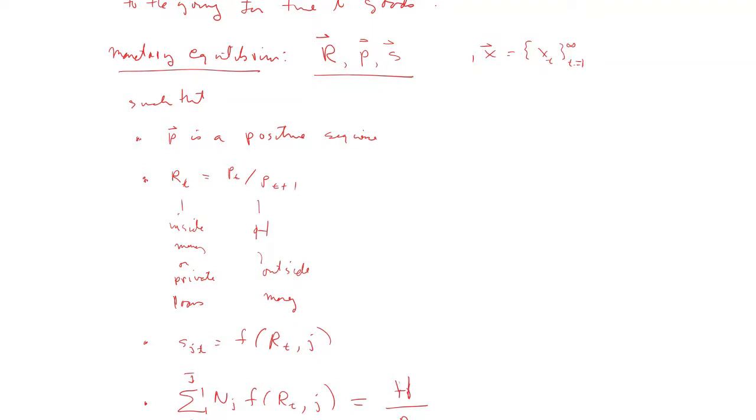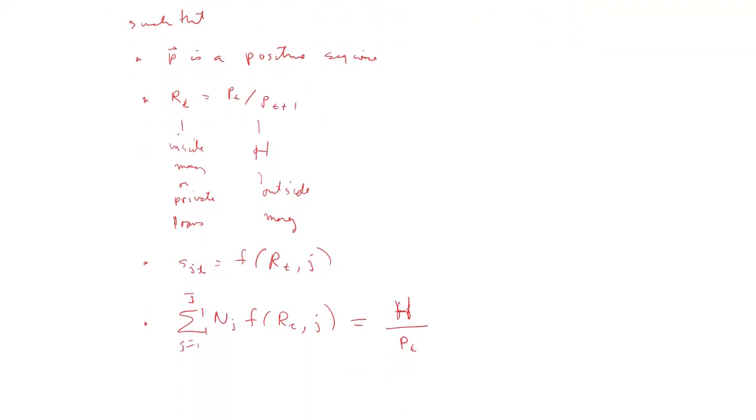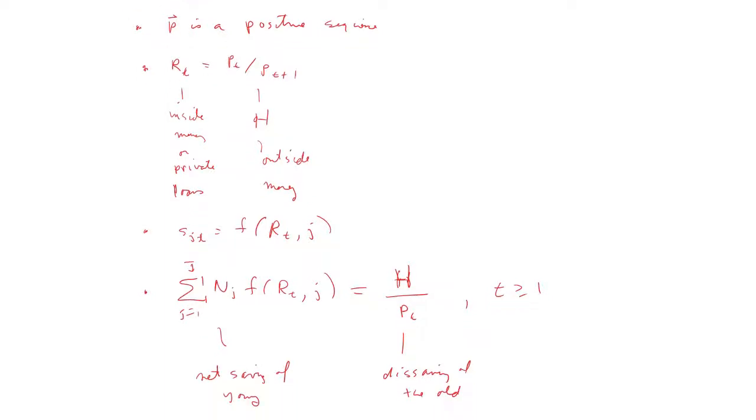And this is their H divided by PT. So this is the net saving, aggregate, of the young, and this is the dissaving of the old. And this is going to hold for every t greater than or equal to 1. So that's what we mean by a monetary equilibrium.